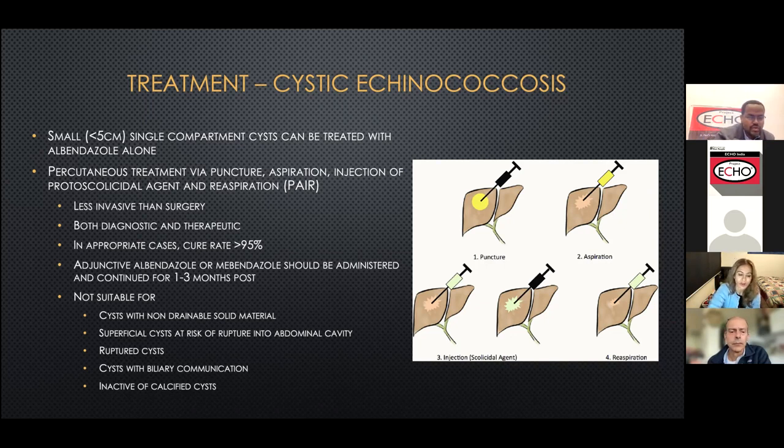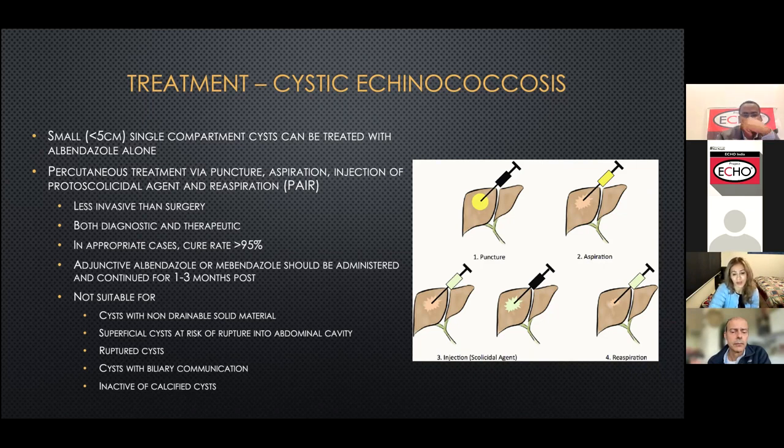It's not suitable where you've got a risk of cyst rupture. So if it's a superficial cyst that's close to the edge of the liver, then puncturing it could rupture it. If the cyst is already ruptured, then it's certainly not suitable for aspiration. If there's solid material in the cyst that can't be sucked out, then you'll end up leaving potentially material there, and that won't be suitable for drainage this way.